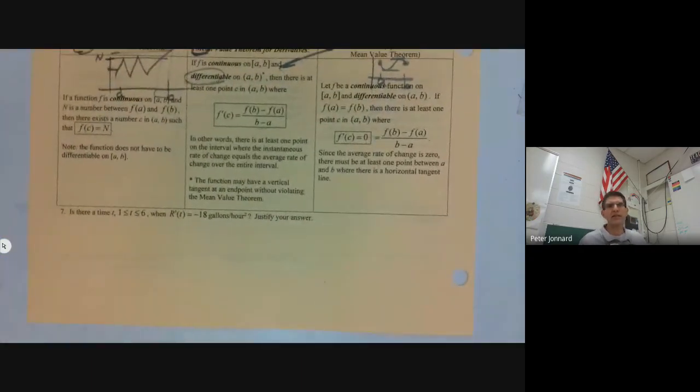So this is a typical question for BC Calc. It asks, is there a time between 1 and 6 when the rate of change of the rate is equal to a particular value? Let's look at the graph.